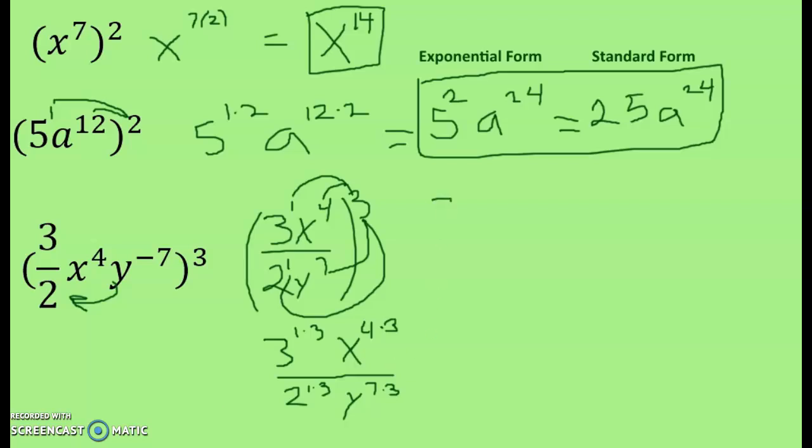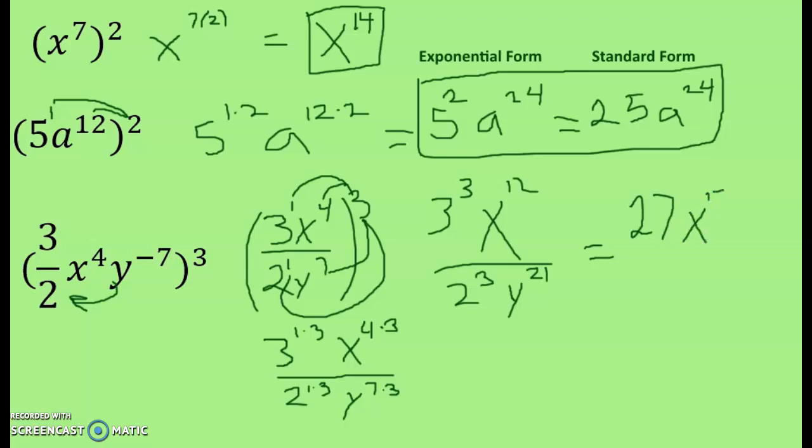Let's rewrite that. 3 to the 3rd power times x to the 12th power, all over 2 to the 3rd power times y to the 21st power. And we can also say that that's the same thing as 27 x to the 12th all over 8 y to the 21st power.